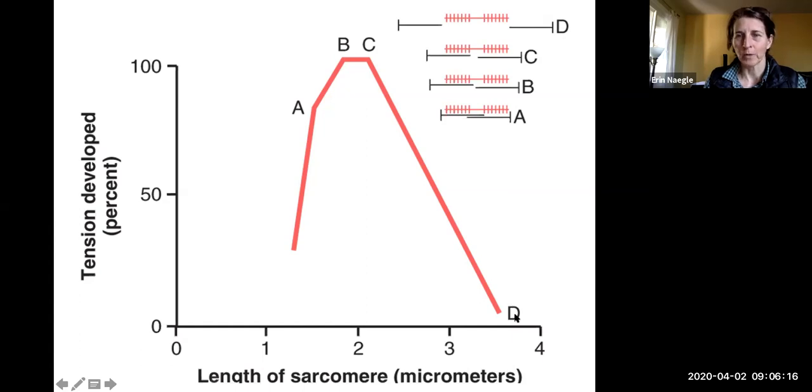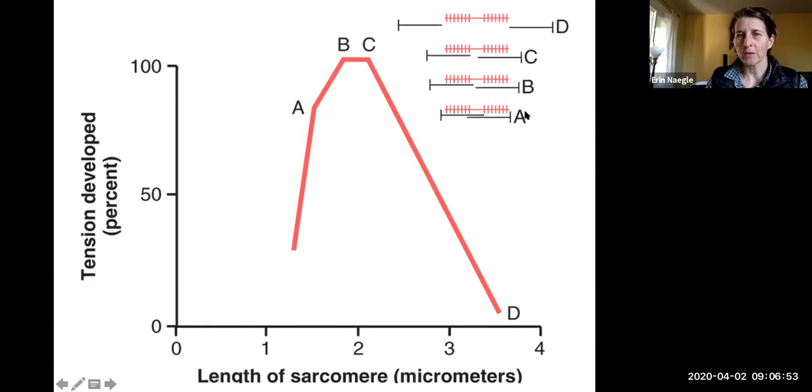What does this mean? Well, notice with D, the actin and the myosin are not overlapping. If they're not overlapping, then you can't generate any force from them. So this would be a sarcomere that's overstretched down here in D. In B and C, the actin and the myosin are overlapped a bit, but not as much as at A. So we need some overlapping of the actin and myosin in order to maximize the amount of force that can be generated by our sarcomere.